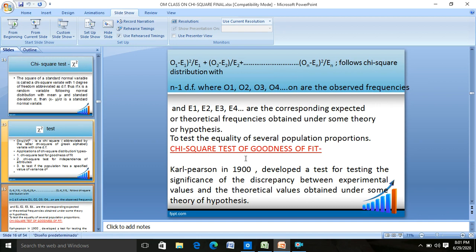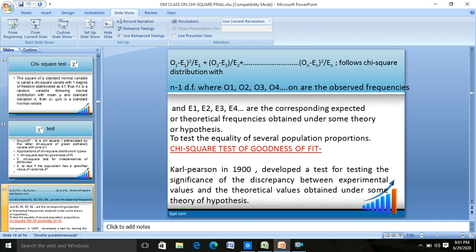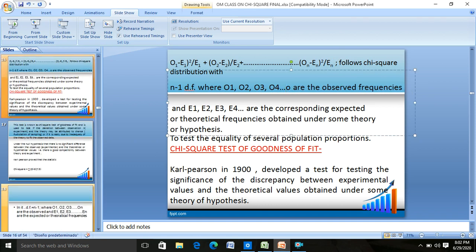this is the general statistic of the chi-square test. The general formula in either of the 4 cases is (O1 minus E1) whole square upon E1, plus (O2 minus E2) whole square upon E2, plus (O3 minus E3) whole square upon E3, up till (On minus En) whole square upon En, which follows chi-square distribution with n minus 1 degrees of freedom, where O1, O2, O3, O4 are the observed frequencies and E1, E2, E3, E4 are the corresponding expected frequencies.